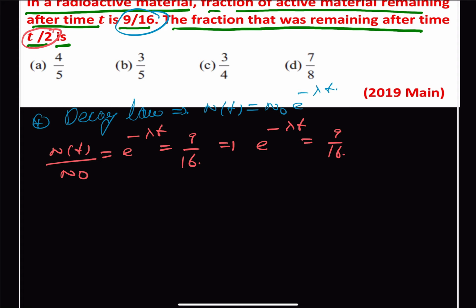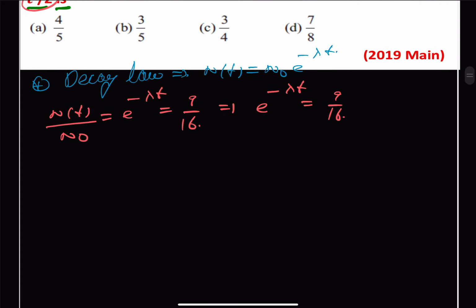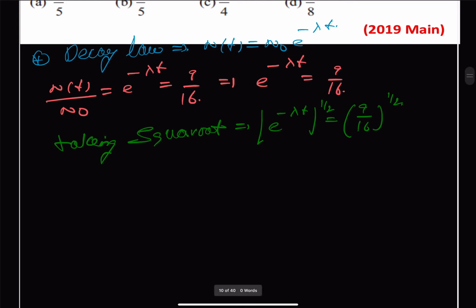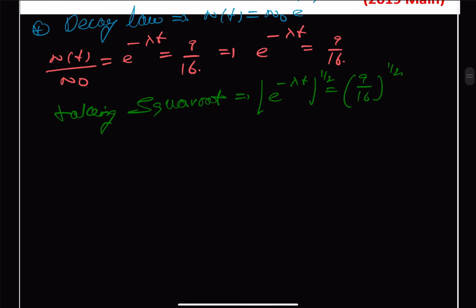If we take the square root on both sides, we get e raised to power minus lambda t whole raised to 1 by 2, and this comes as 9 upon 16 whole raised to power 1 by 2. And on the left side we will have e raised to power minus lambda t upon 2, which is equal to 3 by 4.